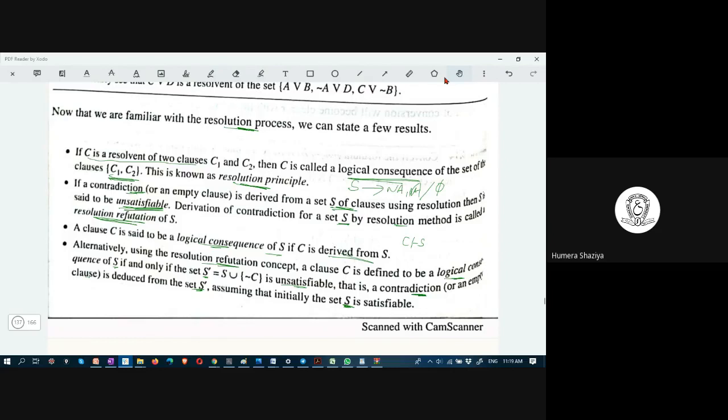Later, through resolution refutation, its derivatives were obtained, and it results in an unsatisfiable set, and that can happen through the resolution refutation concept.